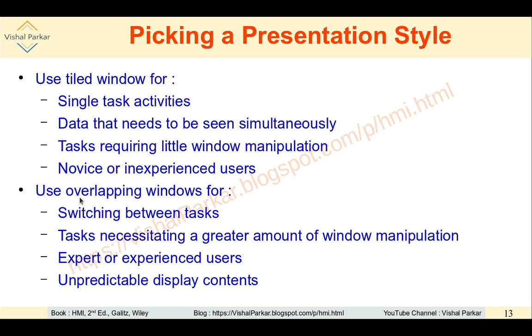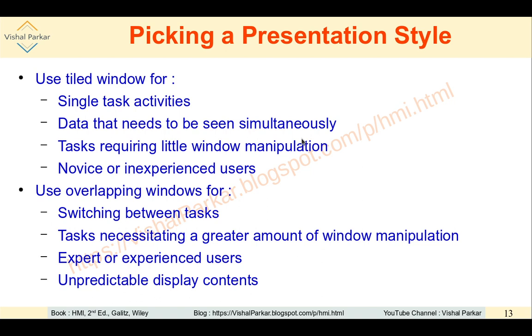Next, overlapping windows: they are suitable for switching between tasks, where each of the tasks may have a need for a greater amount of window manipulation. One is image manipulation, some other may be audio processing, some other may be video processing, and all these three windows or applications are open in three different windows, which you cannot simply unmaximize.